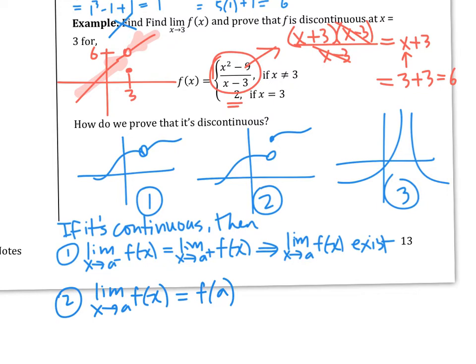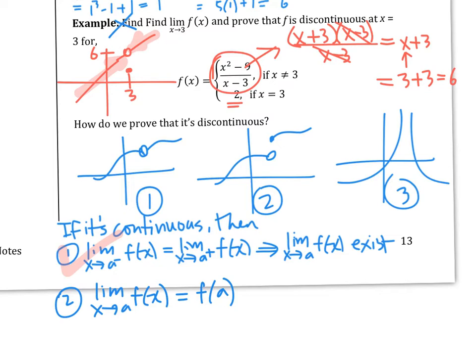If you look at the x conditions, smaller than 3 just means not equal to 3, because there's no other condition like less than or greater than. So just not equal to 3 includes less than or greater than. The left-hand side is going to 6. Right-hand side is going to 6. So this satisfies. There is a limit.